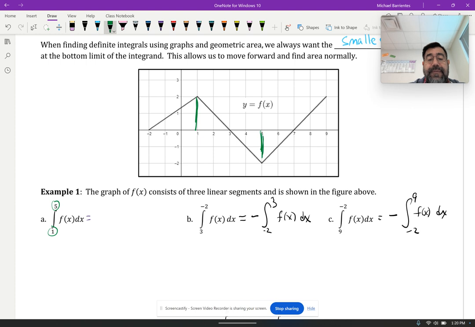Okay, well, that means I've got to be careful because this area here is going to be positive, right? But this area here is going to be negative because it's under the x-axis. So the negative accumulation because it's under the x-axis. So I'm going to break this up into 2 parts. I'm going to do the blue part first. This is the area of a triangle. So that's 1/2 base times height.